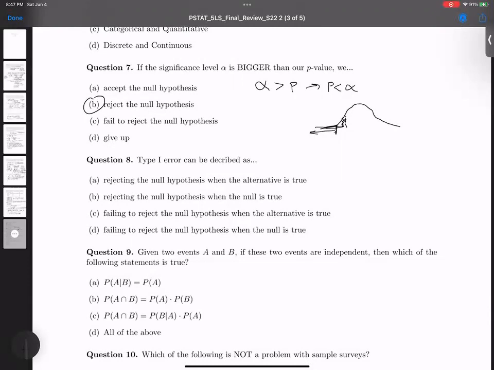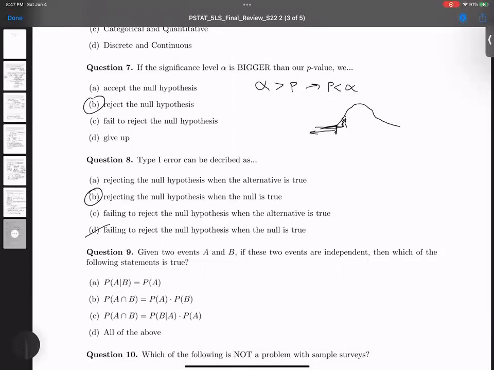Yeah, now people are getting it. So the answer is B, rejecting the null hypothesis when the null is true. The way we could have gone about that, we could at least knock out 2 answers, right? Because 2 of these are not errors at all. If we fail to reject the null hypothesis when the null is true, that's good.